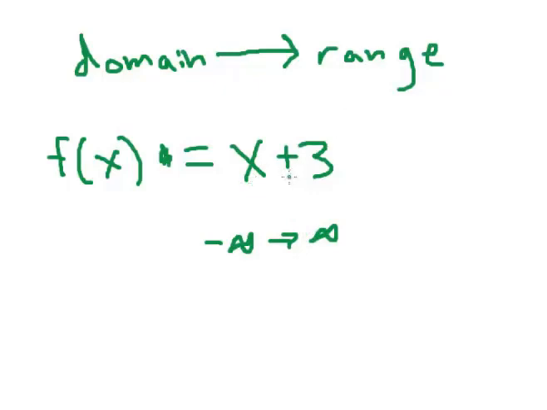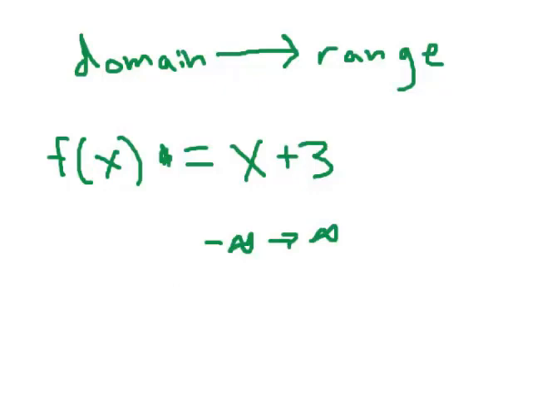The range in this case is also negative infinity to positive infinity. It can be any number in the world as long as it's 3 more than the x. So those are the two basic concepts of a function.